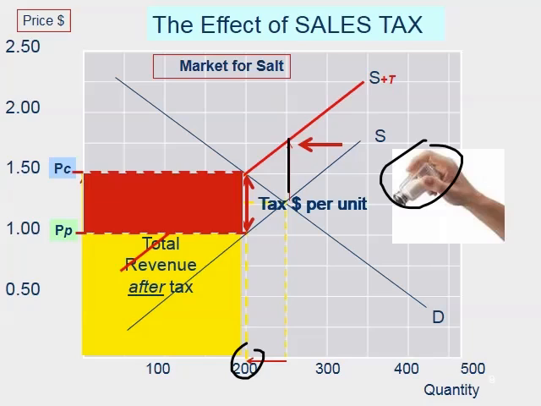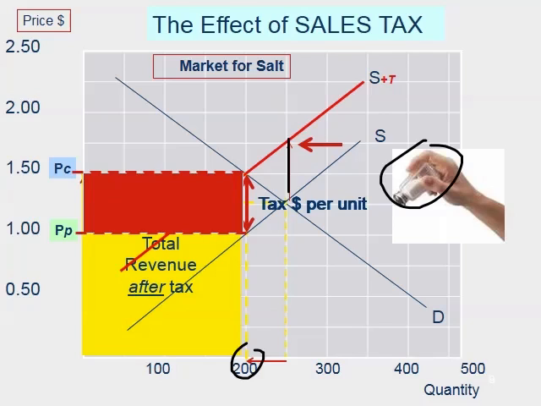Now consumers pay some of the tax and the producers pay some of the tax. Let's see how much each one pays. Consumers were paying $1.25. Now they're paying $1.50. Therefore, their share of the tax is 25 cents per unit, or 25 cents times the quantity purchased.